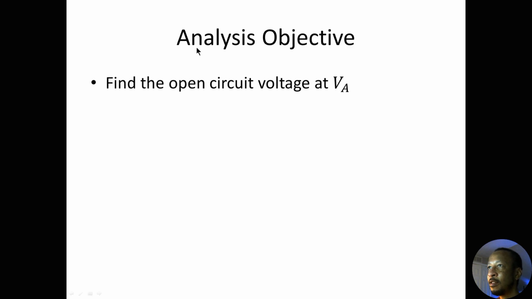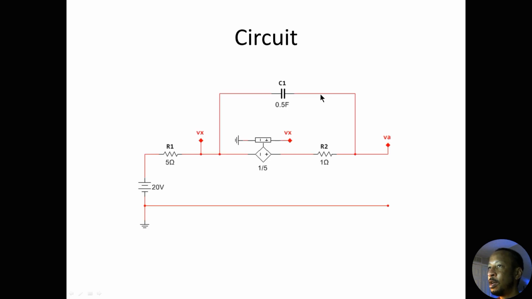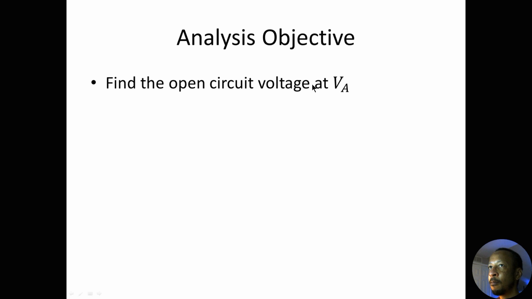The analysis objective is to find the open circuit voltage at VA. Usually this is done for the Thevenin equivalent voltage, VTH, as you would know from your textbooks, but here I'm simply noting it as the open circuit voltage at VA, which is what we are going to solve for.